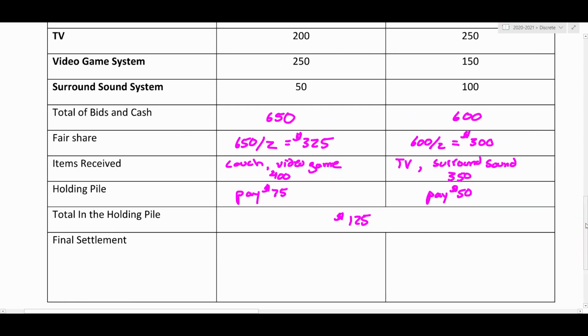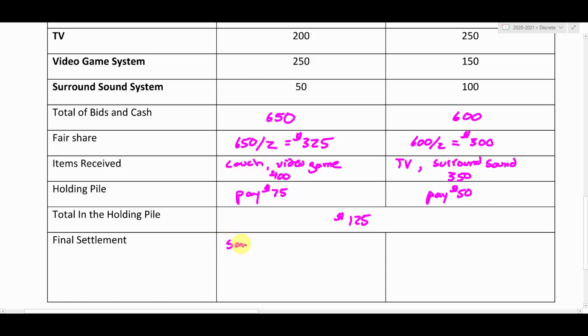So now the next thing we're going to do is write out what we call the final settlement. All right, and we'll talk about what we're going to do with this $125 here in just a minute. In the final settlement, Sam is going to get the couch and the video game.